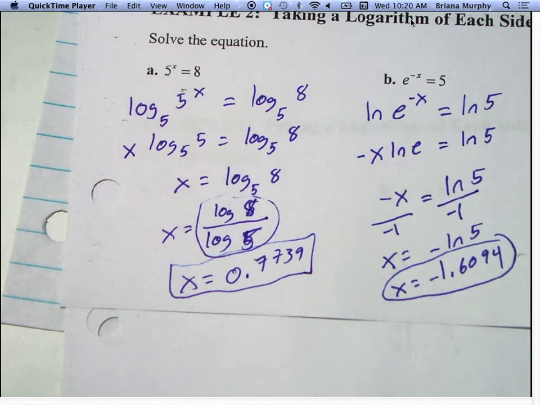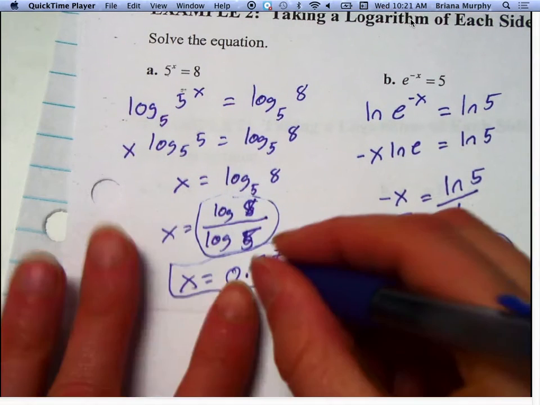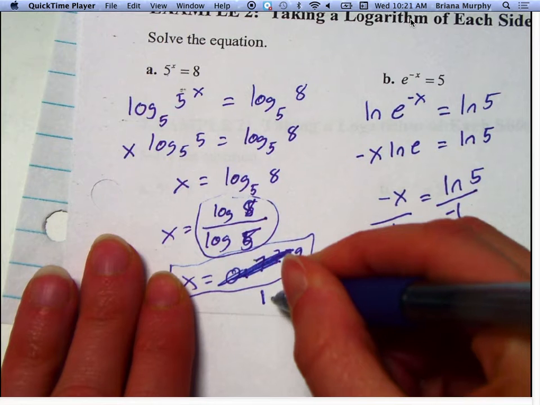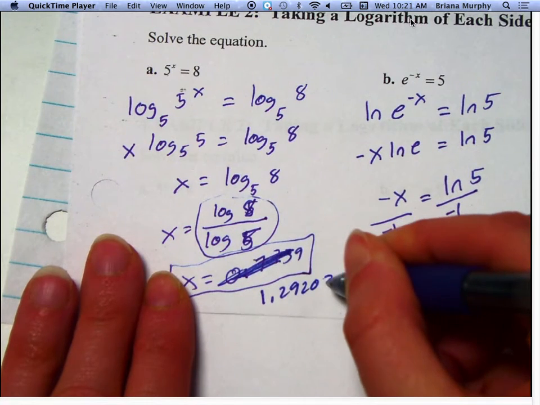So that's really important to make sure we look at those. So let's change that: log of 8 divided by log of 5 gives us, this is not correct, this should be 1.29203.